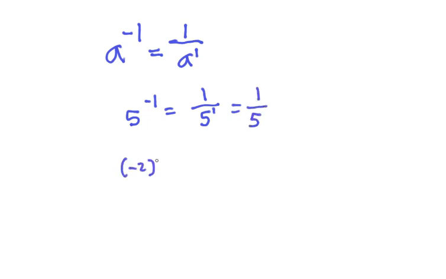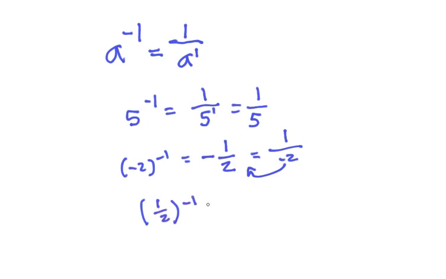Negative 2 to the power of negative 1 would become negative 1/2, which we could also write as 1 over negative 2, but that's also just putting the negative sign at the beginning. And if I had 1/2 to the power of negative 1, that would become 2 over 1, so it flips the fraction upside down, which in this case would just be 2.